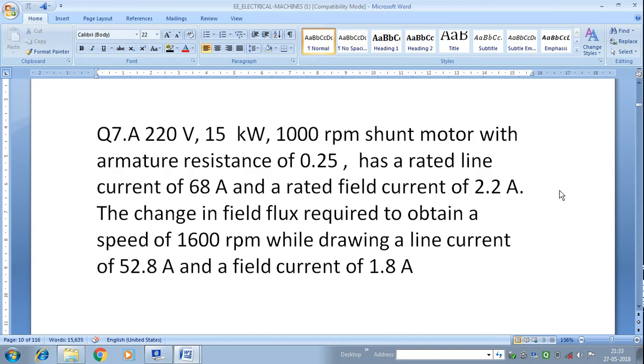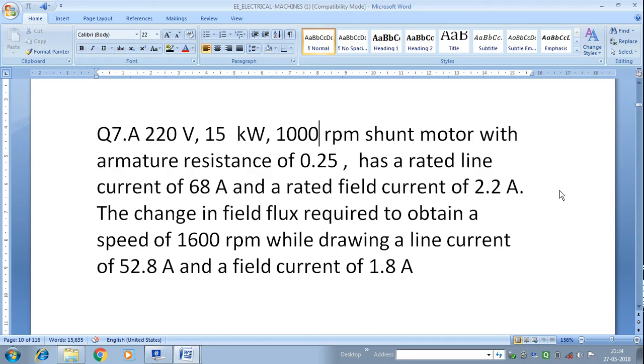Then another condition is given: at this 1600 rpm, the line current must be 52.8 ampere and field current is 1.8 ampere. Then what is the change in field flux?